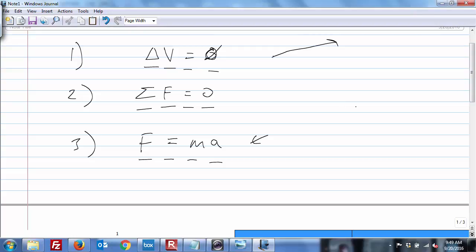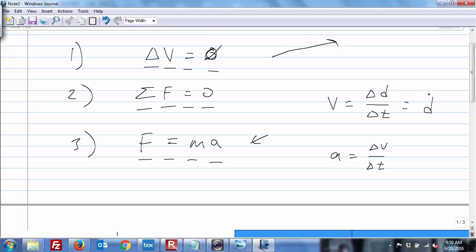You don't need to know this, but actually every human on Earth over a certain age should know it. Velocity is the change in distance over the change in time, and acceleration is the change in velocity over the change in time.